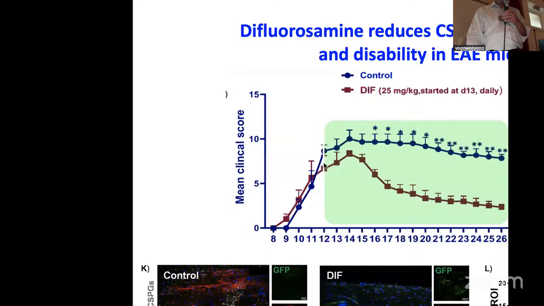Treatment initiated here when animals are quite disabled, and very quickly you see this resolution of disability. And when animals are killed at this time point at the end, looking into the spinal cord, the difluorosamine treated animals have not much Versican V1 or CSPG, consistent with having reduced the production and subsequent accumulation in lesion compared to the EAE control.